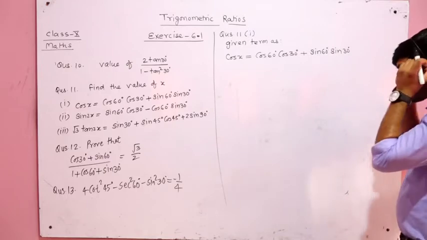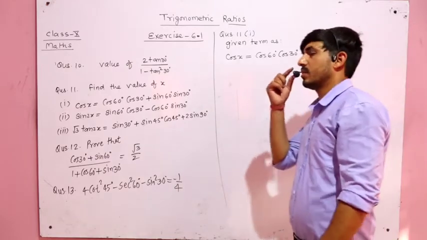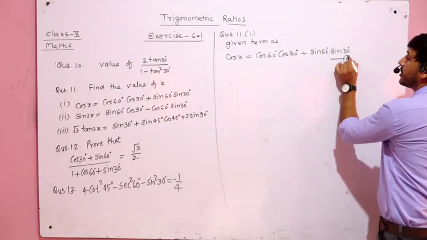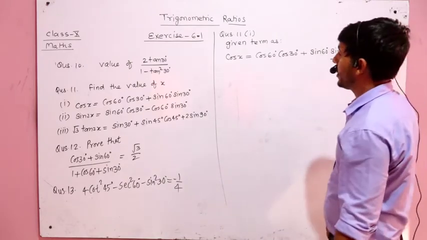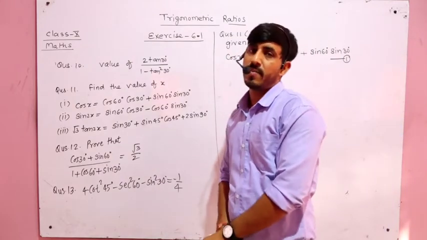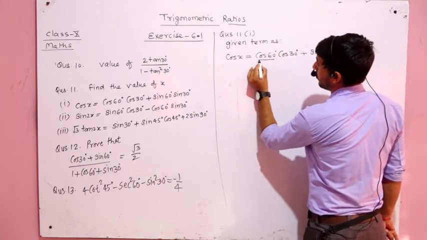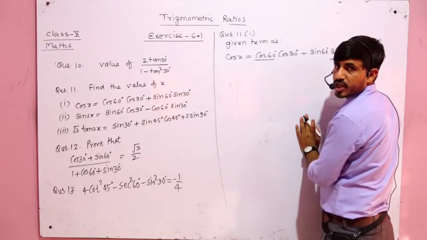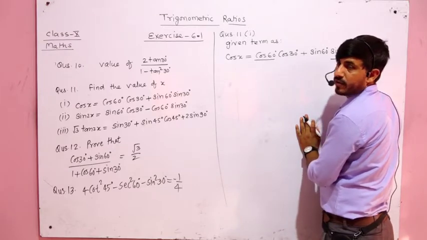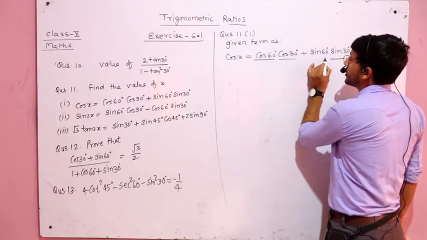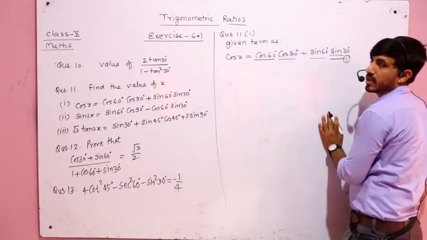We have to calculate the value of x by using this given relation. Let this relation be equation number 1. First think about the values. What do we need in the question? We need the values of cos 60 degree, cos 30 degree, sin 60 degree and sin 30 degree.